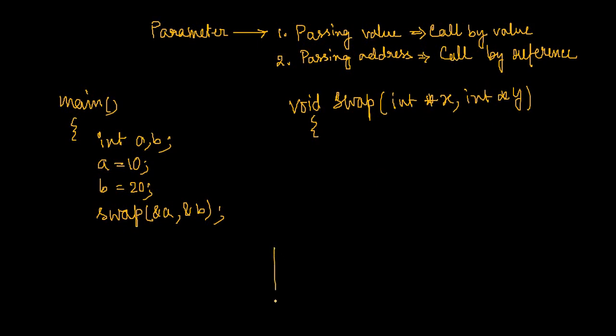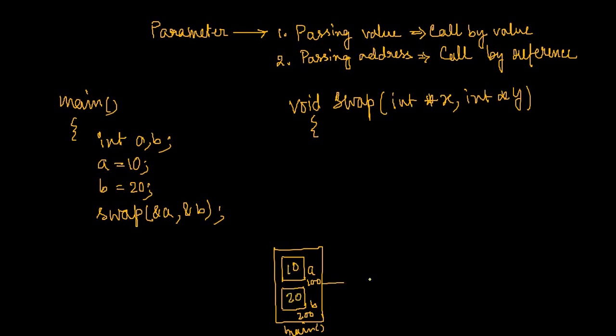I have the main function over here like this. This is my main function. And here I have two variables, one is A and one is B. Similarly, its address is say 100 and its address suppose 200, and suppose its content is 10 and 20.